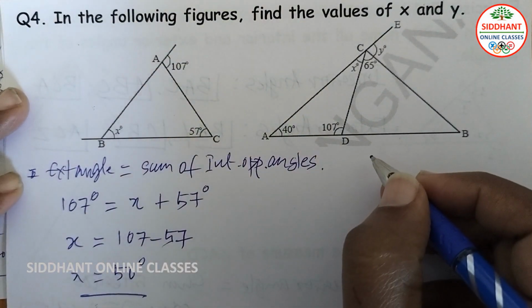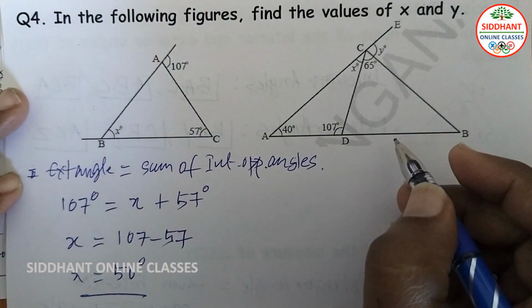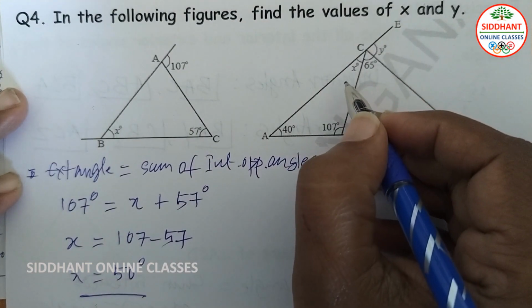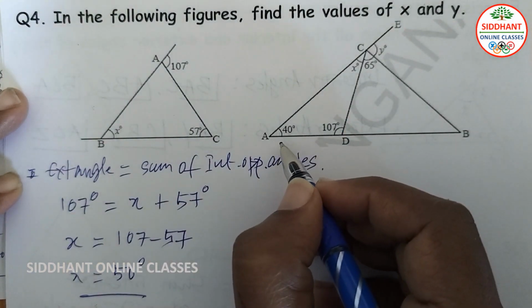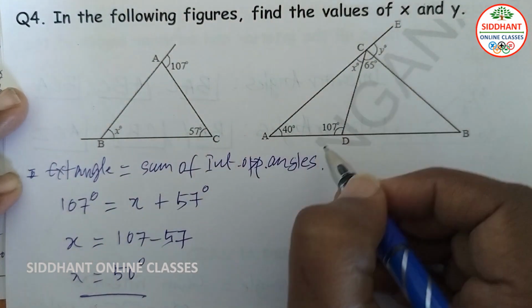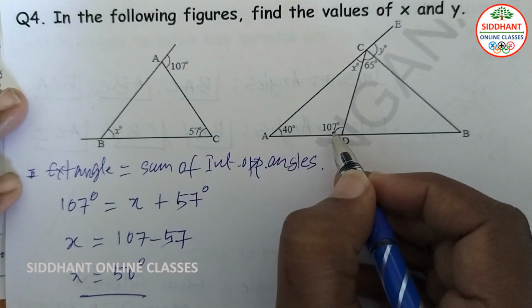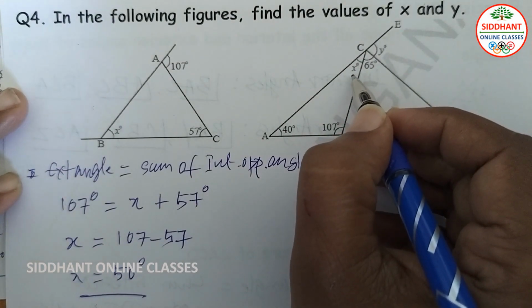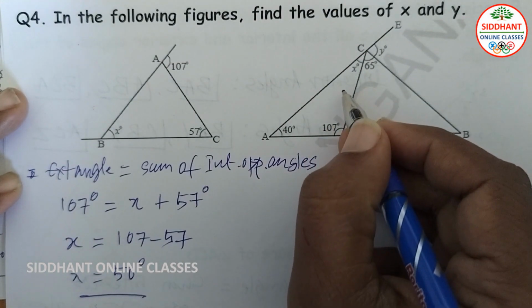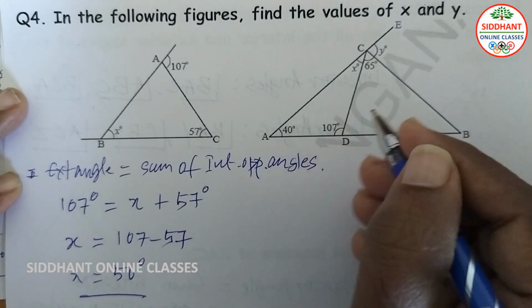In figure 2, we are going to find X degrees and Y degrees. In this triangle ADC, one angle is already given, the other angle is given, and we are going to find the third angle. The sum of the angles is equal to 180 degrees.